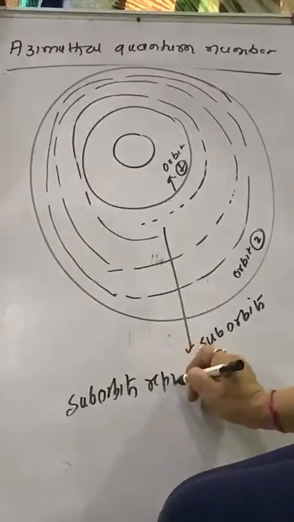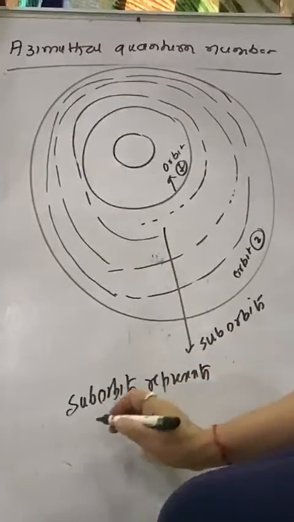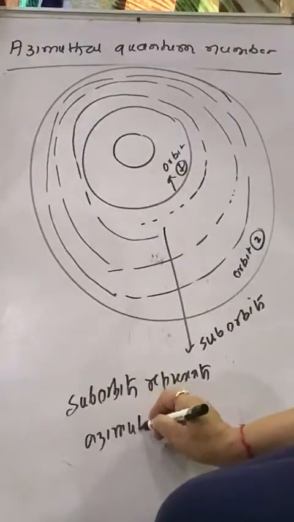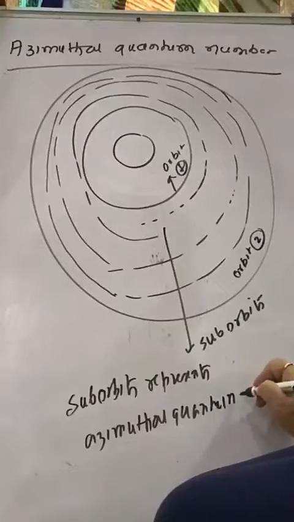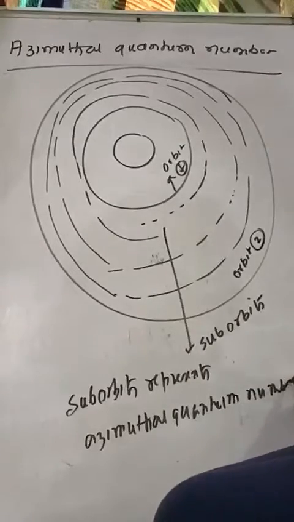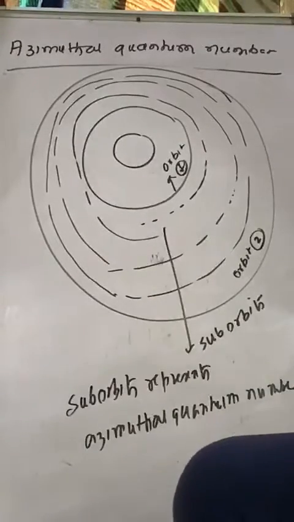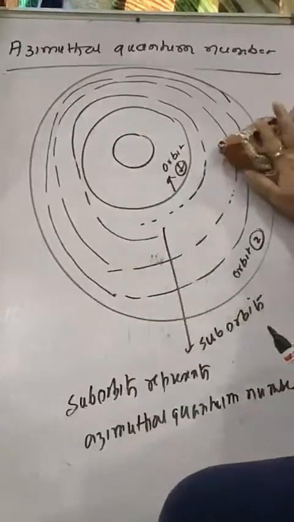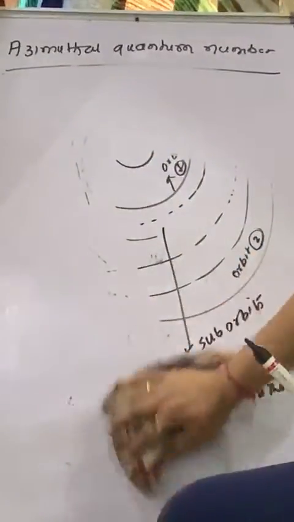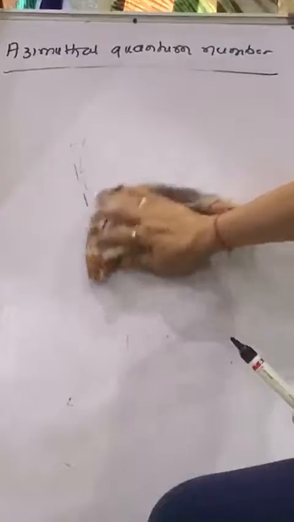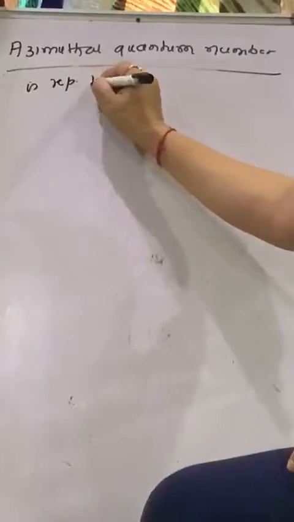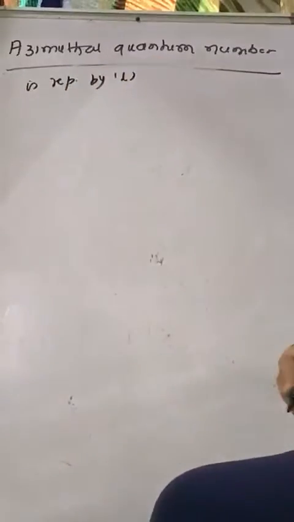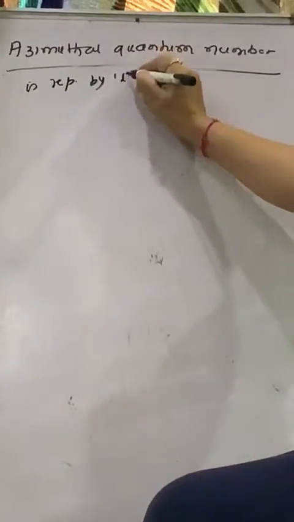The azimuthal quantum number is represented by L. L से representation होता है.